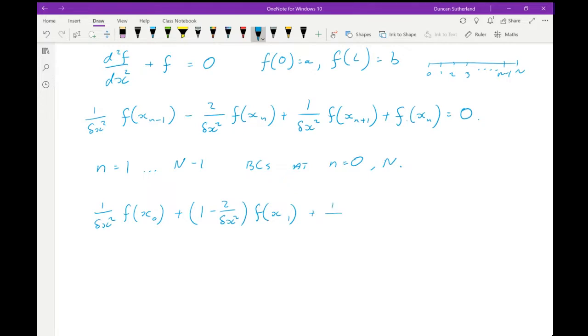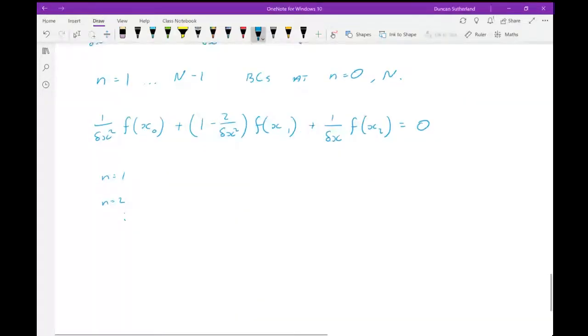Plus 1 on delta x squared f x2 equals 0. Right. We can write out this for n equals 1, n equals 2, and so on, right? Or we can write this as a matrix vector product.